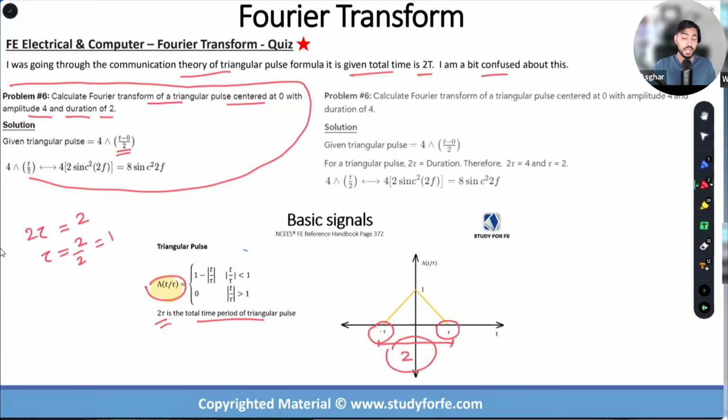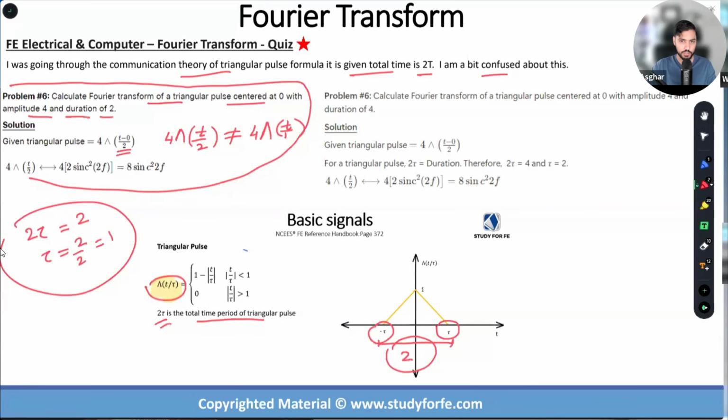And when we look at the transform pair from this point onwards, 4 triangle t divided by 2 is not equal to 4 triangle t by 1. Make sense, guys? So how you interpret the value of tau is going to impact your final answer.